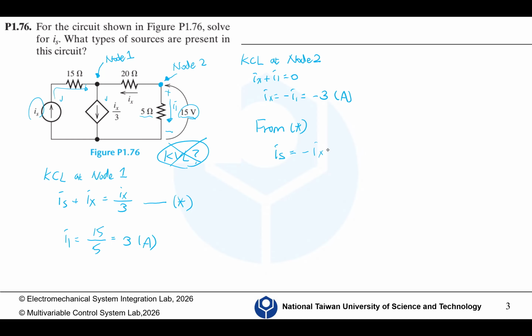Because we don't want more variables, Vx equals positive negative 2 I2. So we know Vx is actually 2 times the mesh current I2, so we can get rid of one variable. That is the reason I write this.